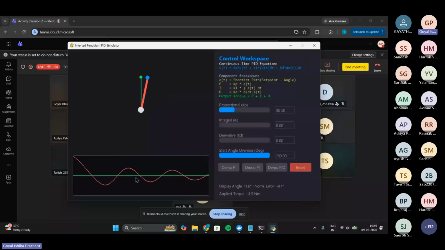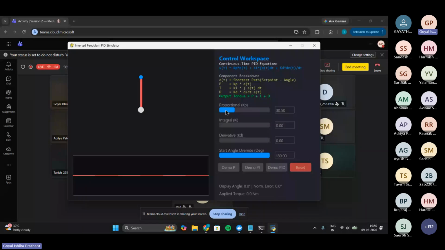As you can see, the pendulum starts to oscillate. It keeps overshooting and keeps oscillating, but finally it starts to get closer and closer to the reference point. Why it overshot was because as the error was huge initially, the output was huge. So it caused it to cross the reference and then back, and this process kept repeating.